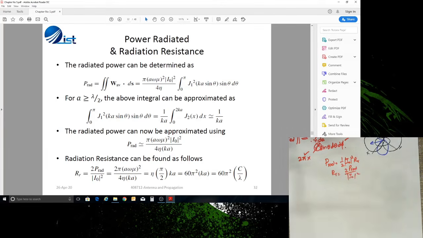So this expression is available here. If we put this P radiated expression here and simplify, you would see that the expression comes out to be 60 pi square C by lambda, where C is the circumference of the loop. Substituting into this, you get this value. By doing so you can find the radiation resistance of the loop antenna.